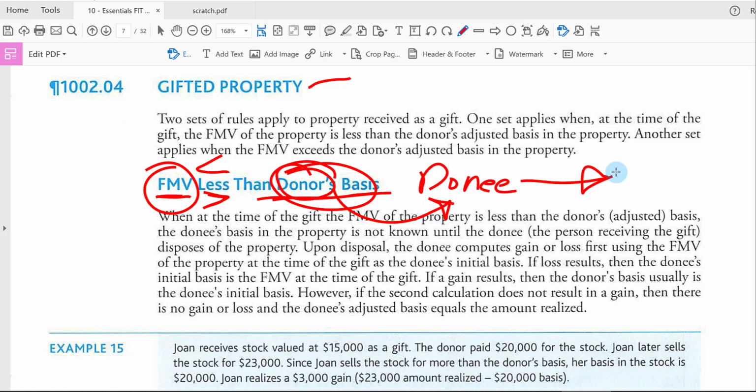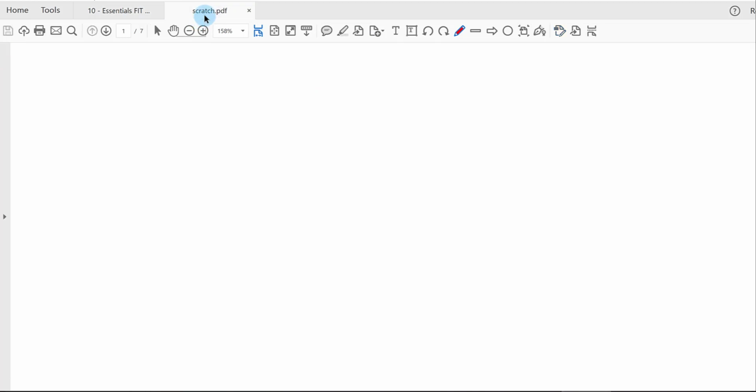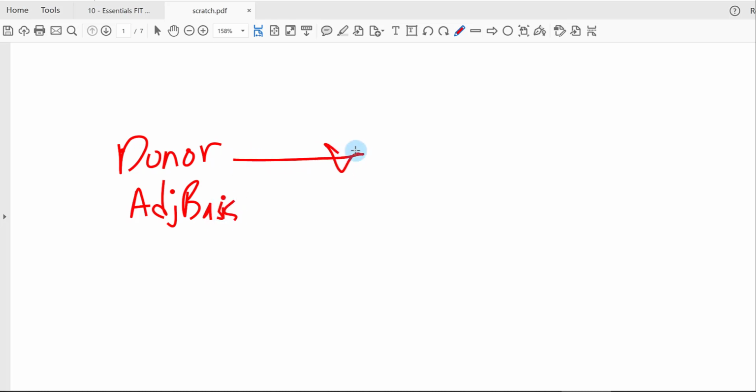Okay, so let's see if we can illustrate this out again. So we have the donor that already has some type of adjusted basis to the property that they're going to give up. And they're going to transfer this as a gift to the donee.